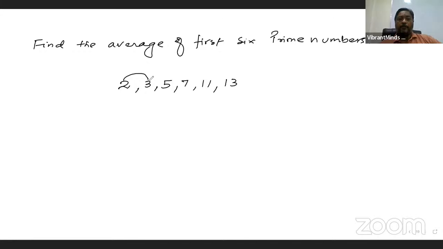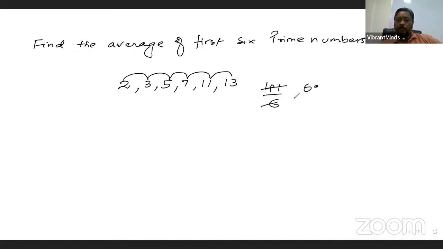Find the average. 2 plus 3, 5. 5 plus 5, 10. 10 plus 7, 17. 17 plus 11, 28. And 28 plus 13 is 41. 41 by how many observations? 1, 2, 3, 4, 5, 6. 6. Let's go. 6 6s are 36.